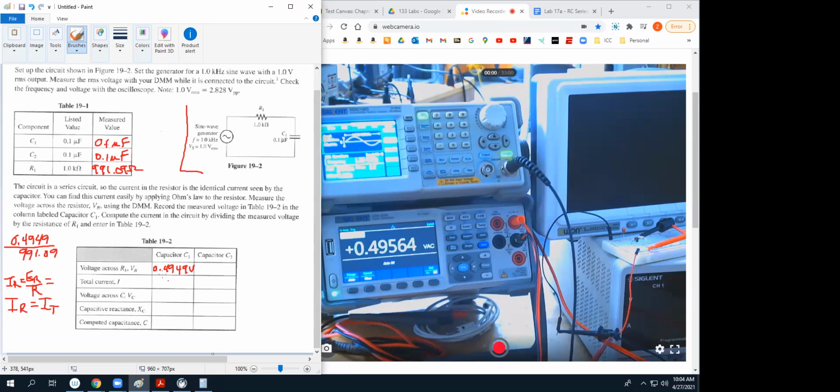So I got 0.0499, 49 milliamps, I have to write it down.